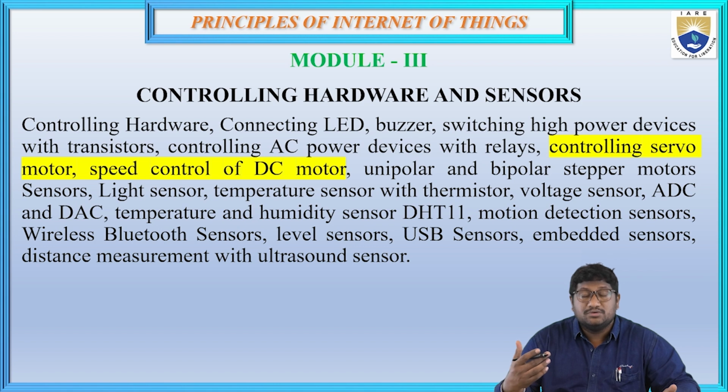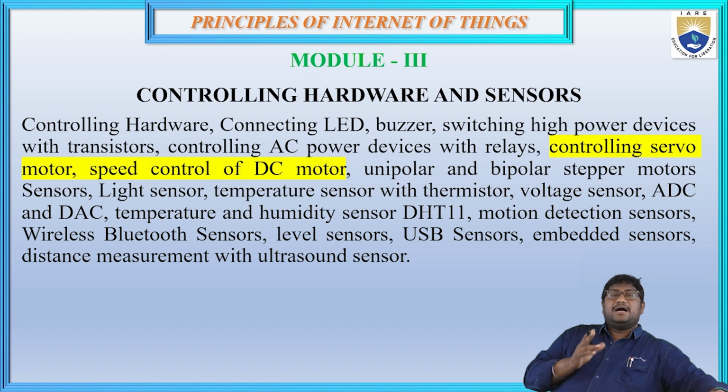After that, we will learn about temperature and humidity sensors, the best example being DHT11, and then motion detection sensors and wireless Bluetooth sensors. Along with these are level sensors, USB sensors, embedded sensors, and distance measurement with ultrasound sensors, which are also presented in this module.